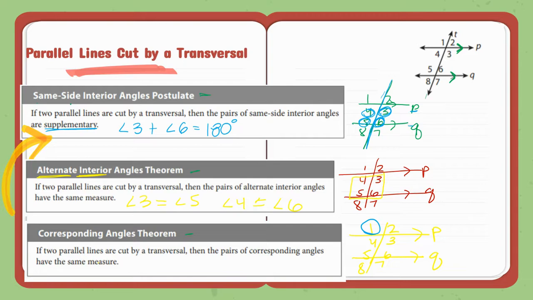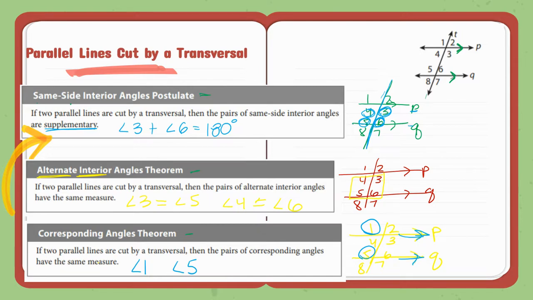Now I'm going to go to line Q, and line Q, the one in the top left-hand corner, happens to be number 5. So angle 1 and angle 5 are corresponding angles because they're both in the top left-hand corner when I'm referring to my line P and my line Q.